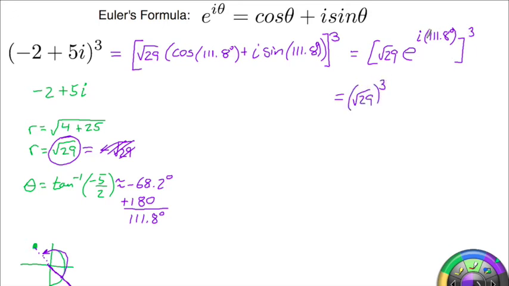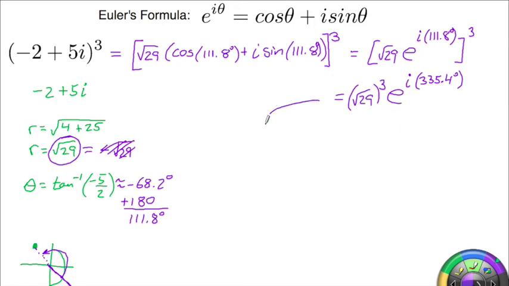And then here you just have power to a power, so you take the 111.8 and multiply it by 3. So you get e to the i 111.8 times 3. That's 335.4 degrees. And then all you have to do is backtrack it out of Euler's formula and back into polar form.